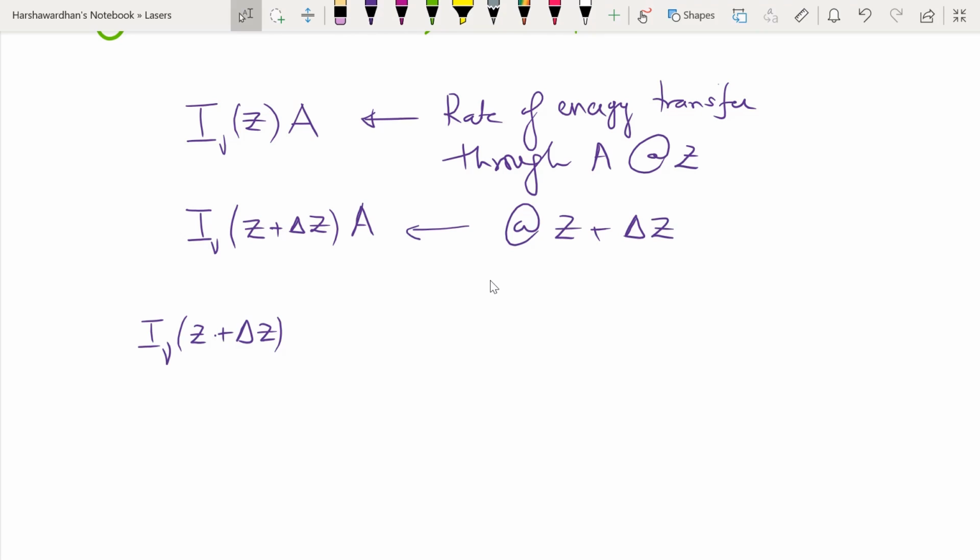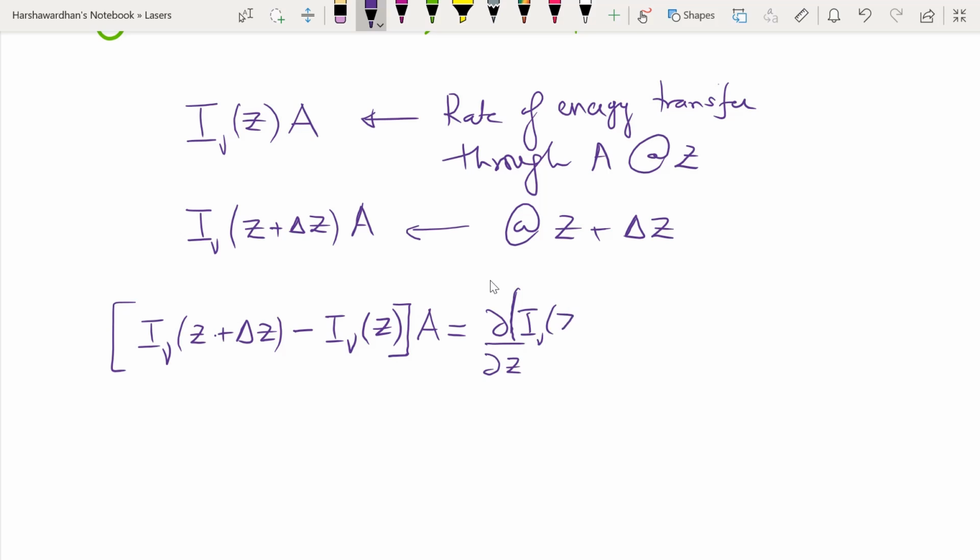If I'm looking at the difference between the two, that is I nu at Z plus delta Z minus I nu at Z, times A, this I can write down as a differential in Z, which is dI nu by dZ at Z times A times delta Z. And this is true in the limit that delta Z tends to 0, right?